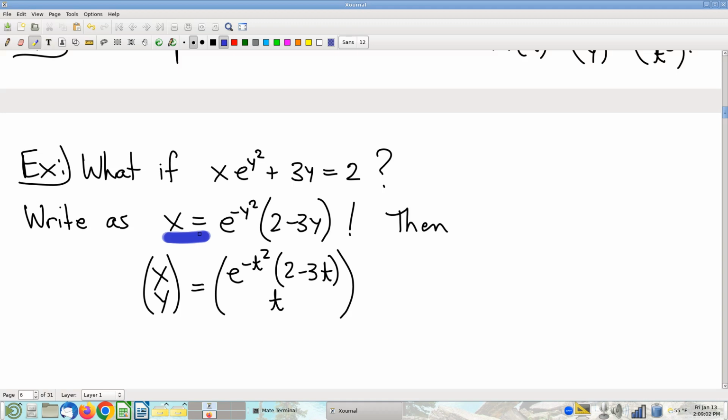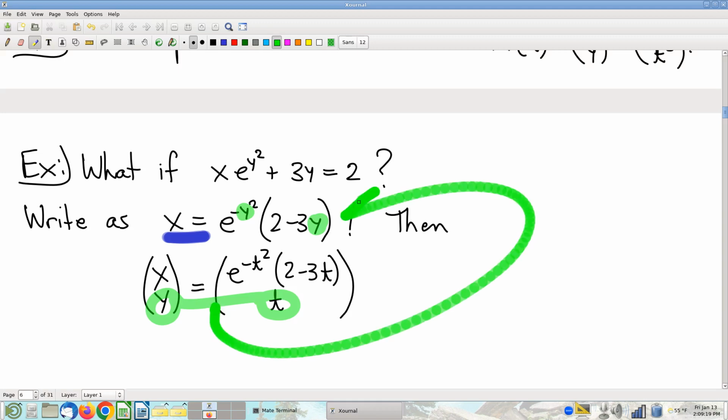So we have a graph. One of the variables is a function of the other. Let t be the input variable. The input variable is y, so we're going to let y equal t. And then, again, everything just kind of falls into place. Everywhere I see a y, I put a t, and therefore x has to be that.